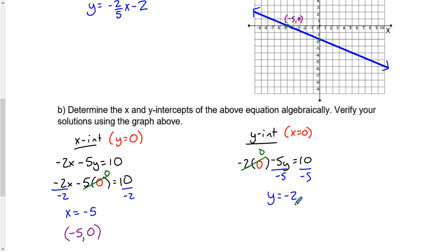So y is -2. When our x is 0, our y is -2, and that's our y-intercept, a coordinate of 0, -2. And that's exactly what we see on the graph.